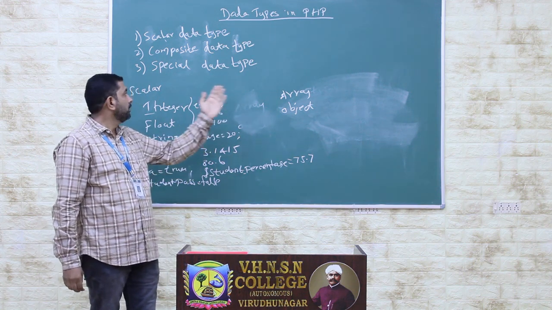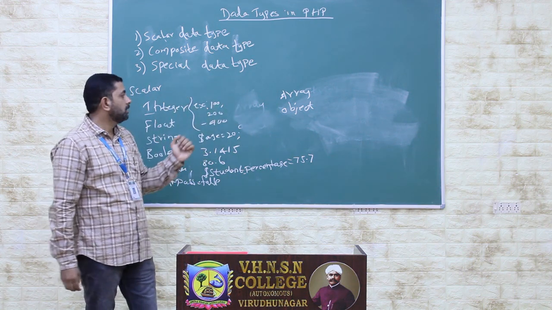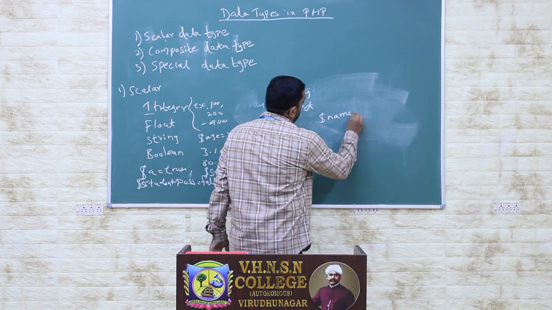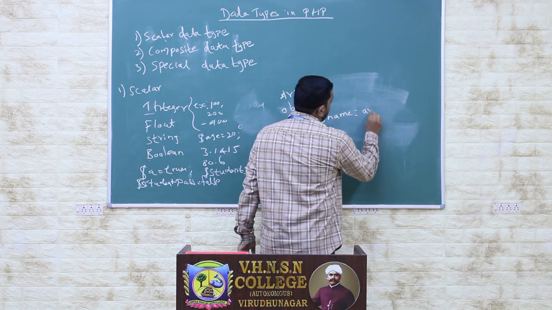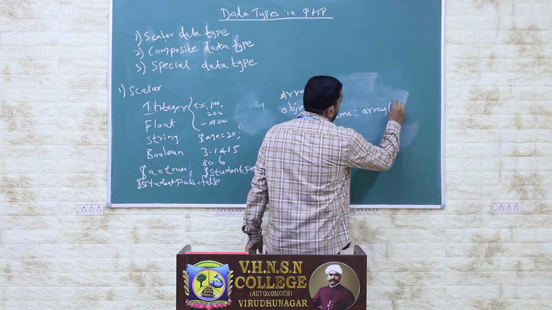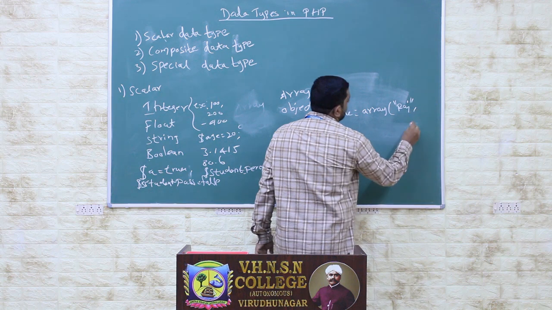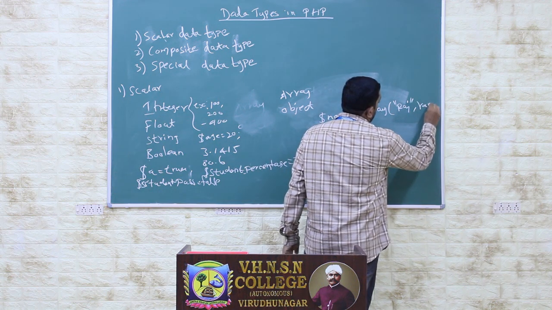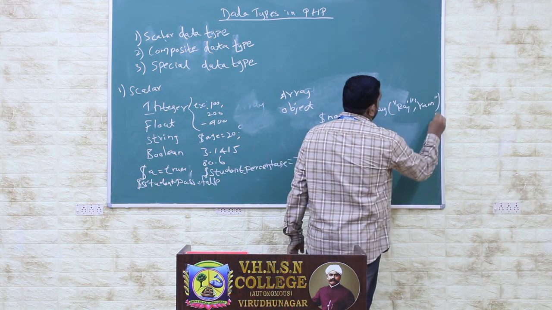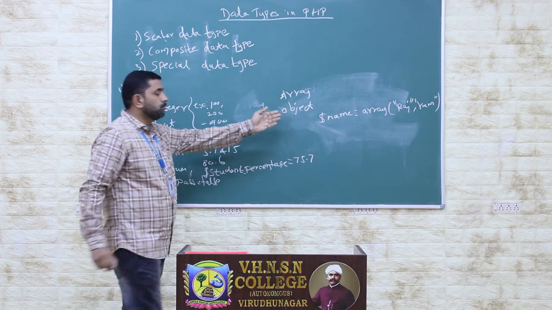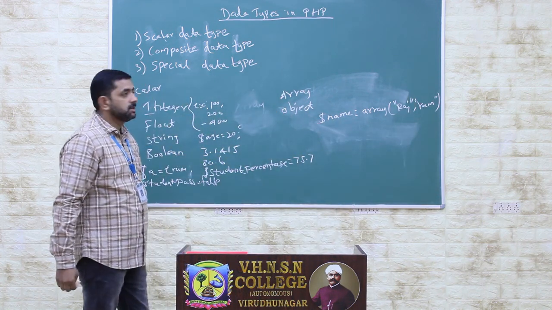Just know object is a composite data type. Array, for example, name equal to array of, and like that I can keep on adding multiple values. We store multiple values, that is a composite data type.